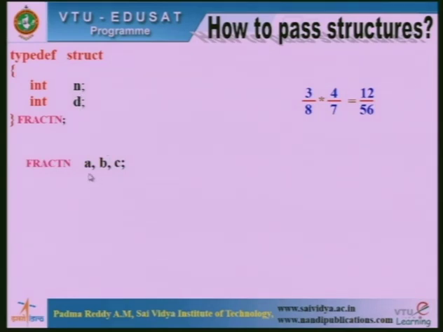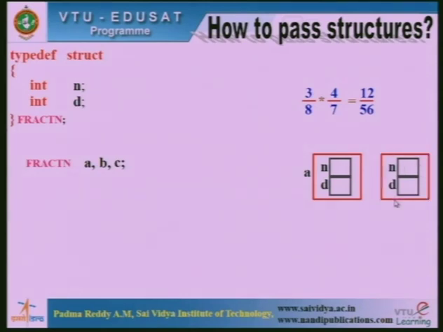Now the moment I say a, what will happen? Memory will be allocated for the numerator as well as the denominator, and these two memory locations are accessed by a single name, by name what? A. Similarly, the moment I say b, again for b also memory is allocated for the numerator, memory will be allocated for the denominator, and the name given to these two memory locations is what?